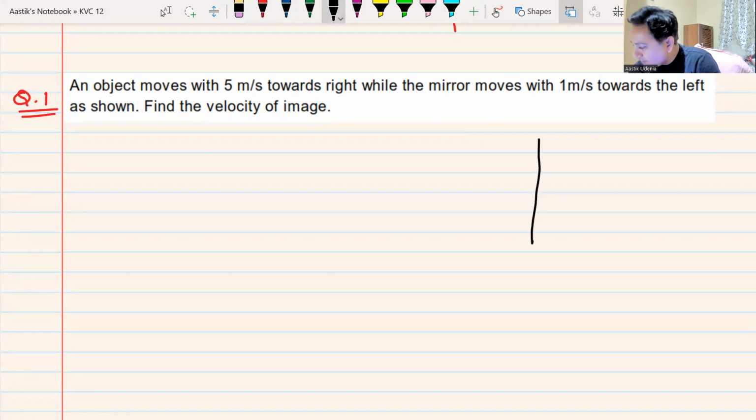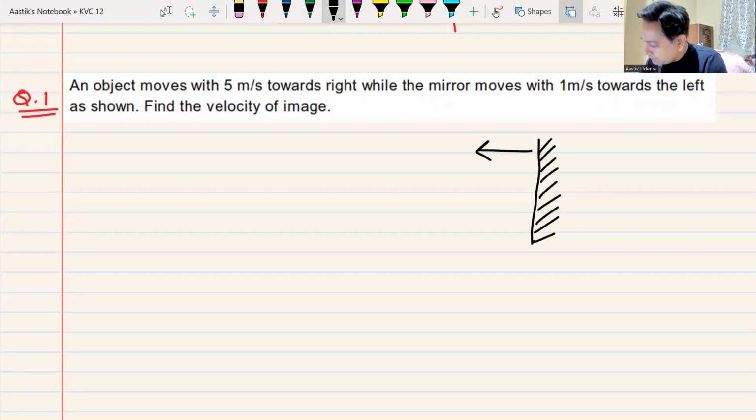Let me not waste any time in drawing the diagram. The mirror is here, my dear friends. Mirror is moving like this. The object is here, my dear friends. An object is moving like this. The velocity of mirror is 1 meter per second towards left, and the velocity of object is 5 meter per second towards right. And the question is pretty simple.